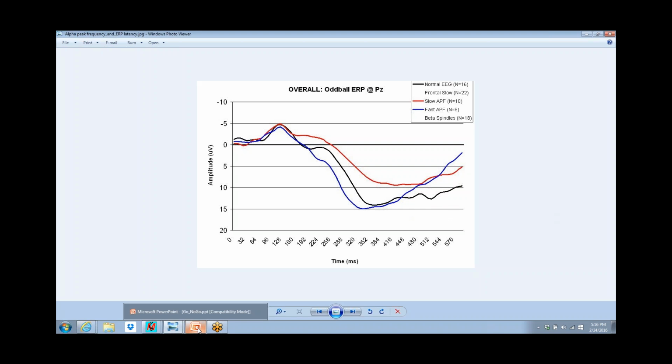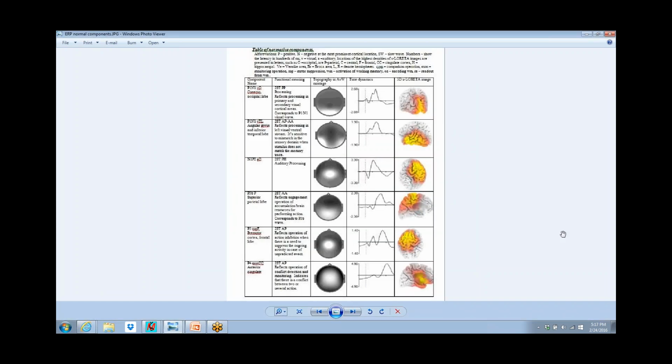The basic interaction between your rhythmic background and your event-related potentials is very complex. And when we assess the ERPs, we can actually identify individuals that have sensory processing problems and differentiate them from people that have executive engagement or memory problems where they can't remember the instruction set.